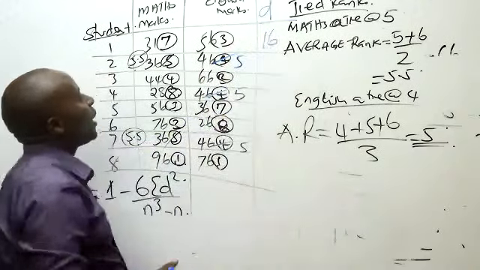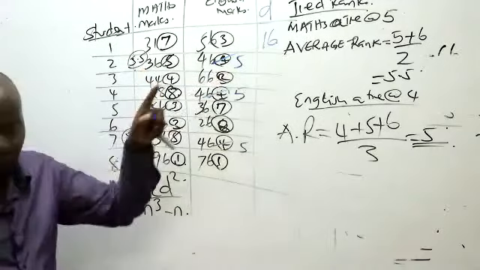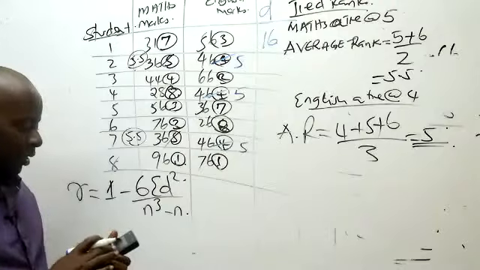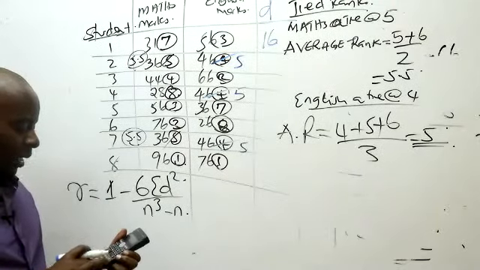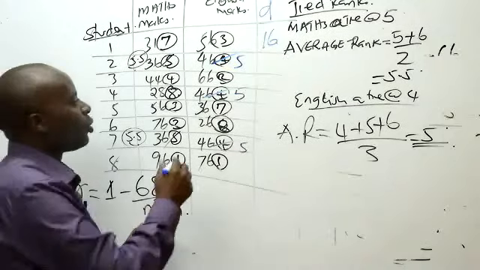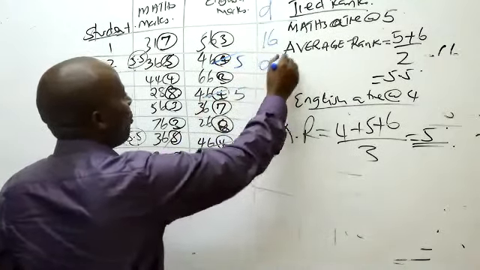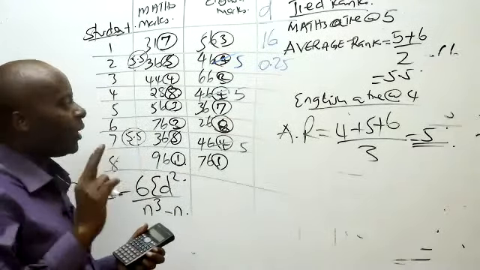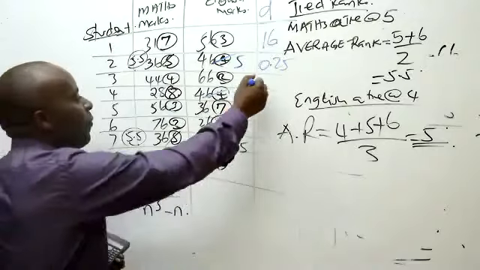The next one is 5.5 minus 5, squared, which gives us 0.25. The next one is 4 minus 2, which gives me 2. 2 squared gives me 4.